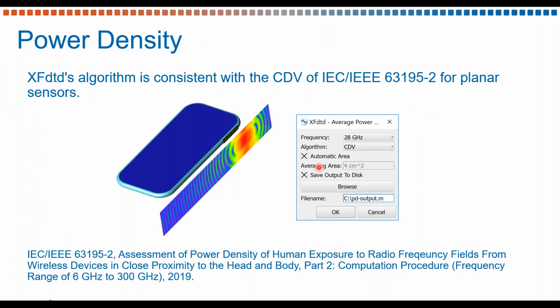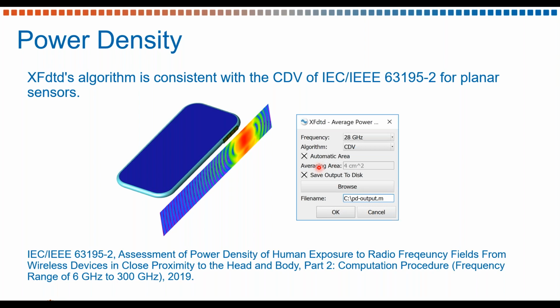The next feature that we have is the power density. Along the lines of SAR for lower frequencies, we have power density for frequencies ranging between 6 gigahertz to 300 gigahertz. So we have the latest version that was released at the end of 2019.